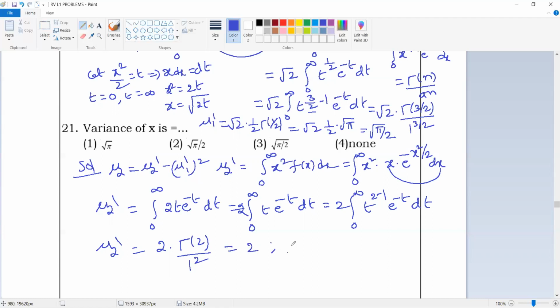So the variance mu2 is equal to mu2 dash, which is 2, minus mu1 dash, which is root of pi by 2, whole square. The final answer is 2 minus pi by 2. Answer is none.